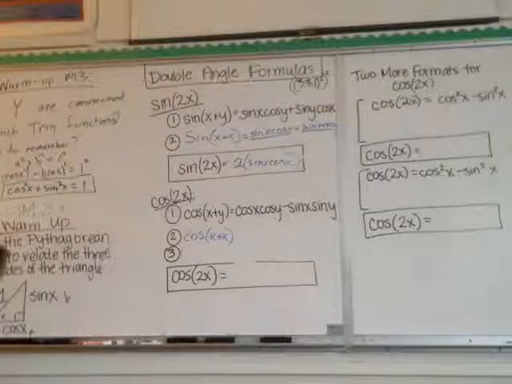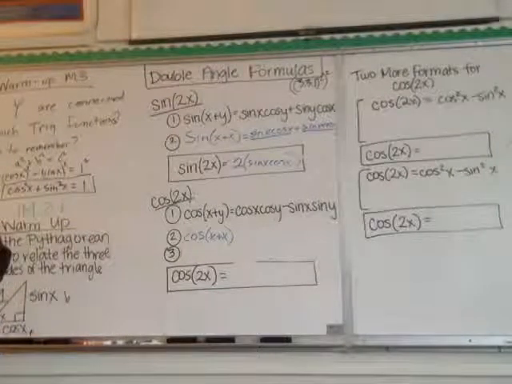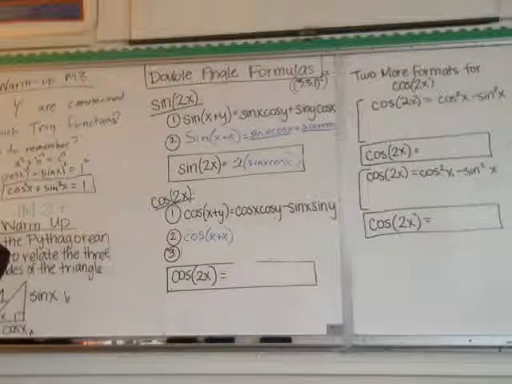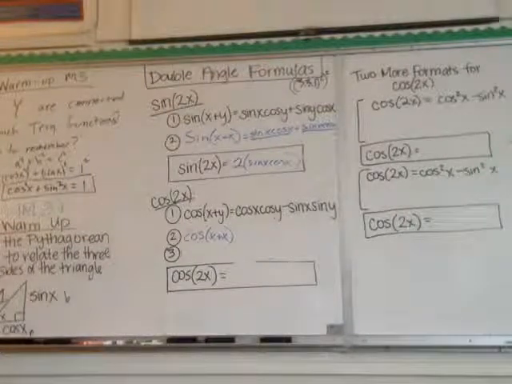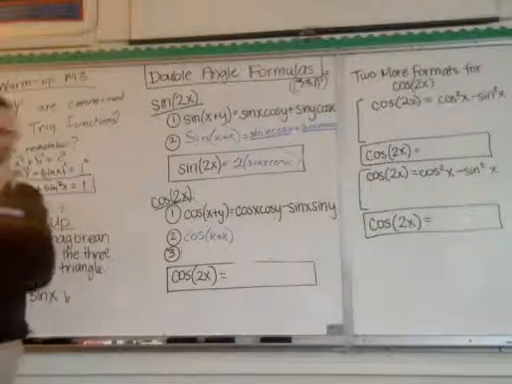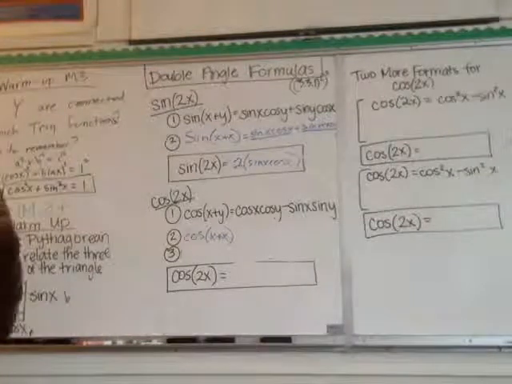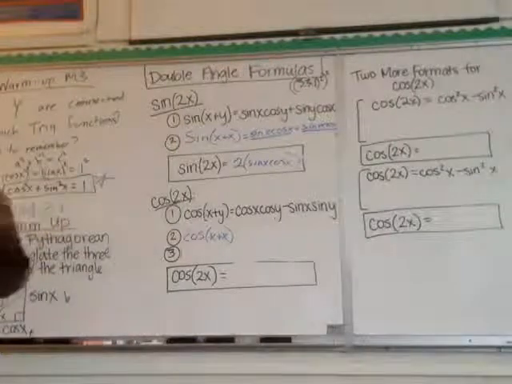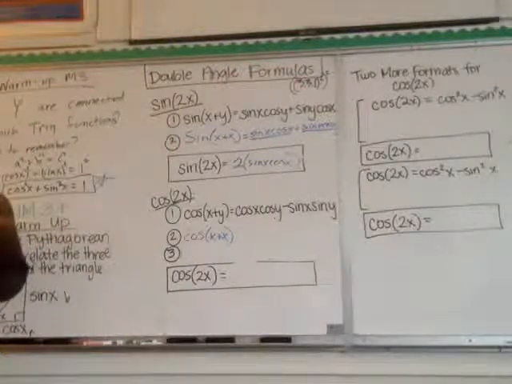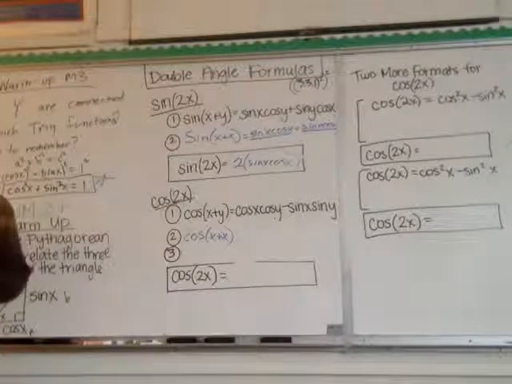Let's check my notes real quick. All right. This is going to come into play at some point. So I want you to keep in mind that Pythagorean identity that we had, and keep that in mind as we work through these.